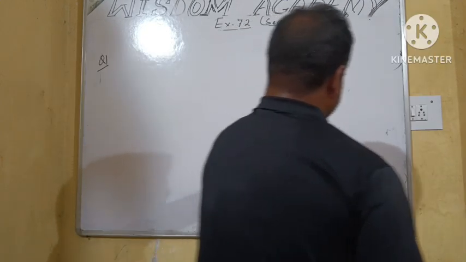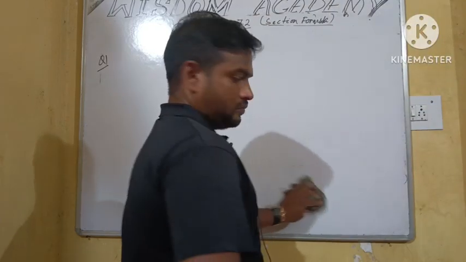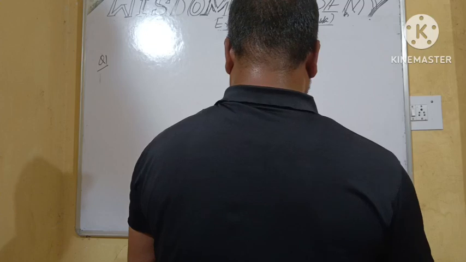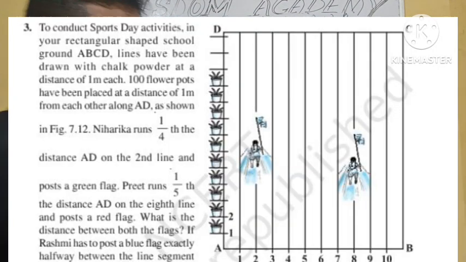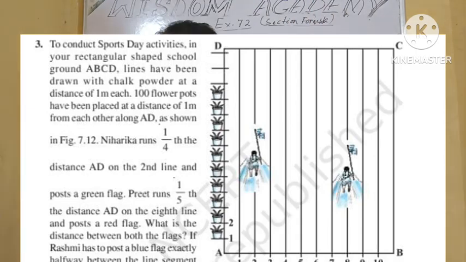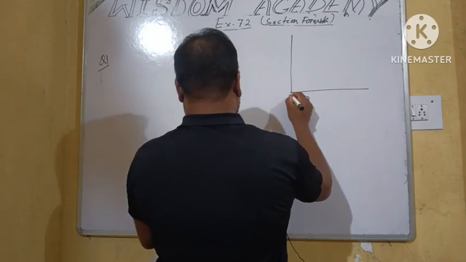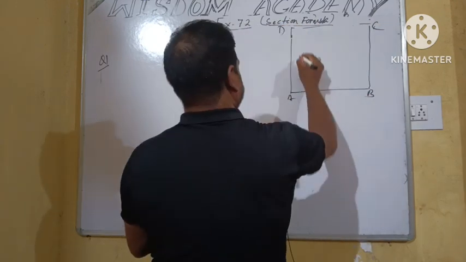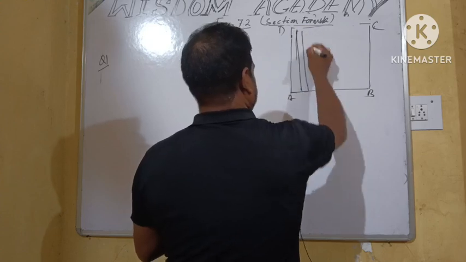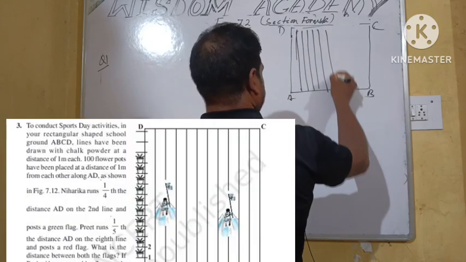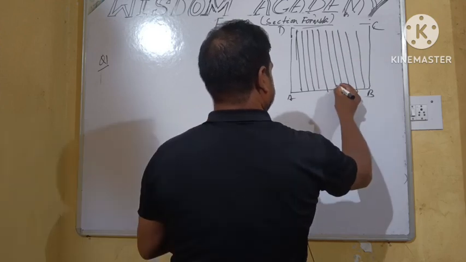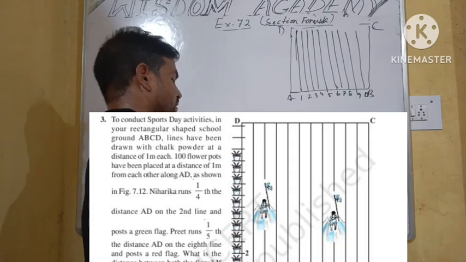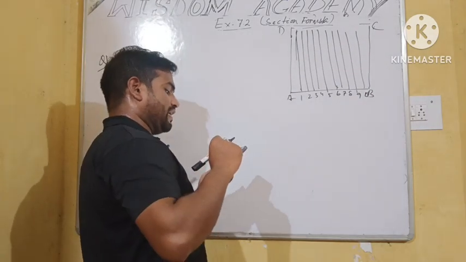Then question number 3. In question number 3, to conduct sports day activities in your rectangular shaped school ground ABCD, lines have been drawn with chalk powder at a distance of 1 meter each.